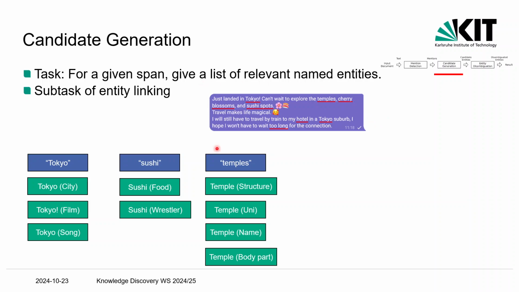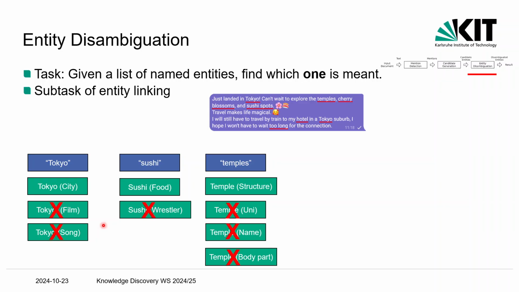So after we have generated all the candidates that we want our systems to be able to see as a context, we then have to figure out which one is the correct one, and that step is called entity disambiguation. The task in entity disambiguation is that given a list of named entities, you want to figure out which one is meant.